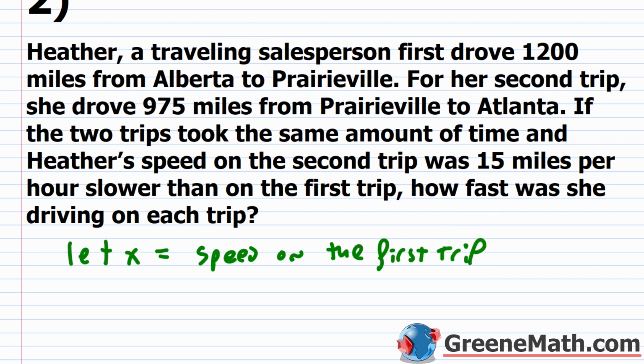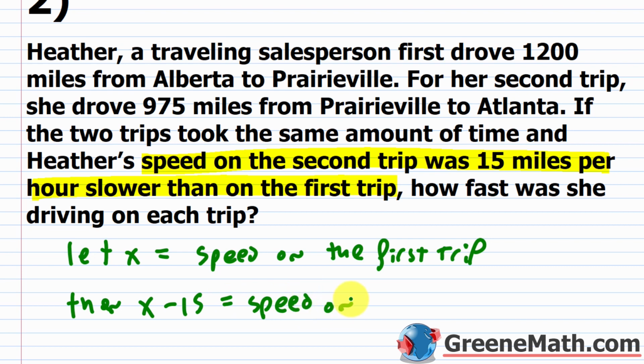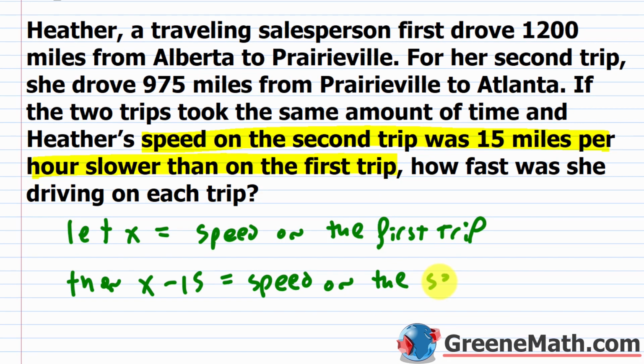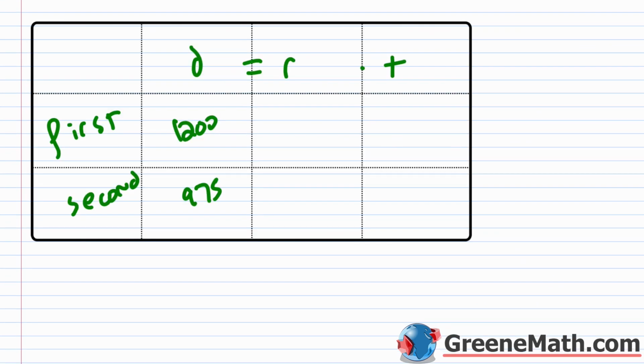So then specifically here it says that her speed on the second trip was 15 miles per hour slower than on the first trip. So what I'll go ahead and say here is then x minus 15, because it's 15 miles per hour slower, that's going to be her speed, and that's going to be on the second trip. So coming down here, I'll put x and then x minus 15.